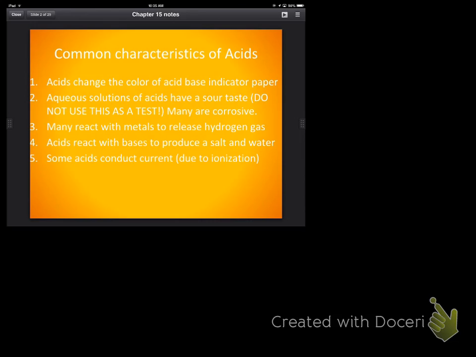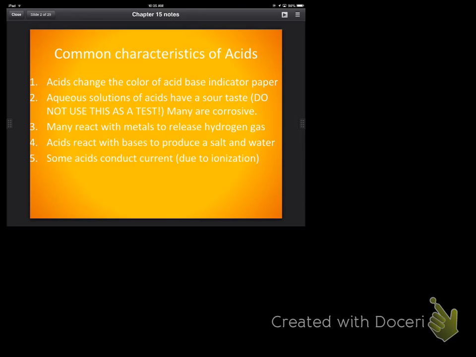Same for vinegar. A lot of acids will react with metals to release hydrogen gas. You did a lab in here where you took a strip of magnesium metal. What acid did you combine with that magnesium metal? Remember this? You produced little gas bubbles in the tube upside down. We layered the acid. What was it? Hydrochloric acid.